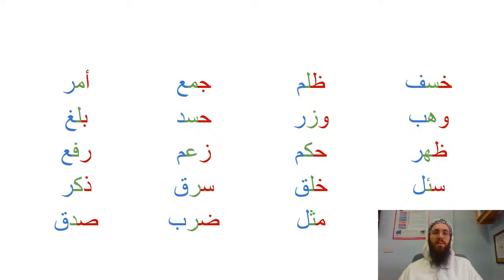Ha, and then a sin, and then a dal. So hasada. Well, we're not getting to pronounce the words yet. So ha and a sin and a dal. Then we have a ba and a lam and a ghain. Ba, lam, ghain. And this is it.